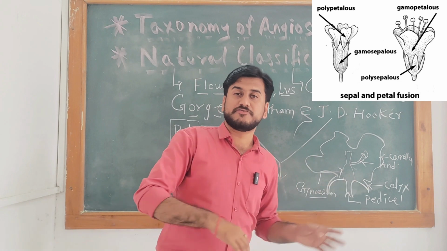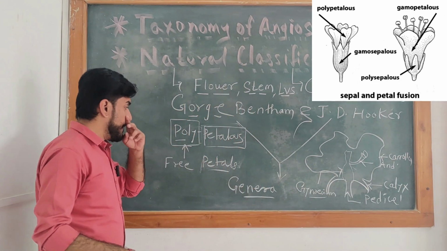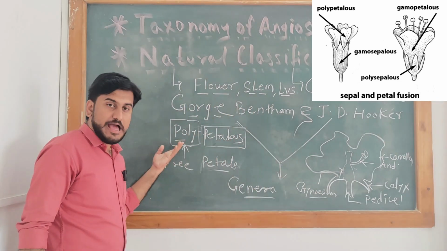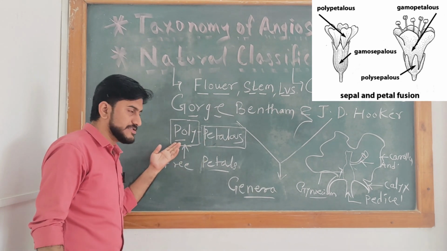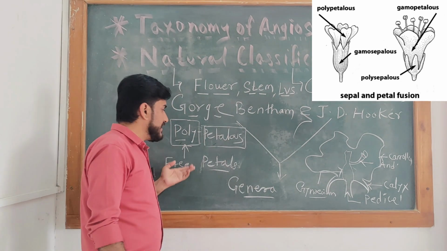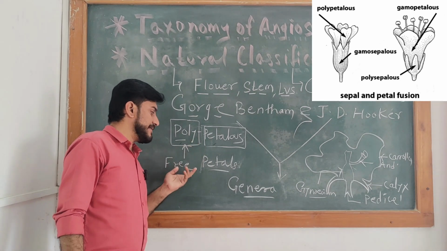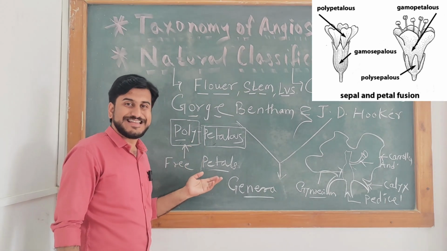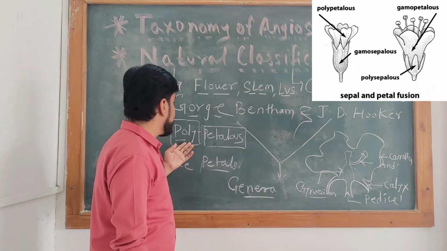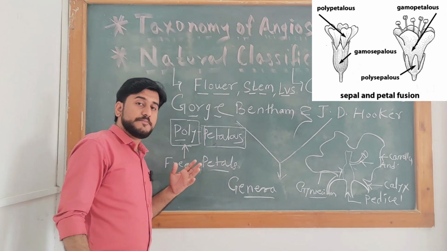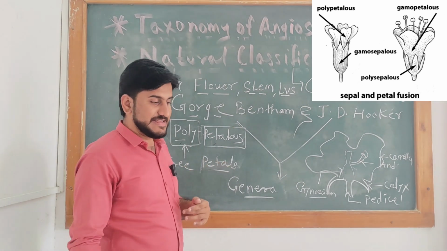Total opposite, vice versa, is the condition in gamosepalous or gamopetalous. Whenever we use these words, poly means free and gamo means fused. Polysepalous means free sepals are present inside the flower, and gamopetalous means fused petals are present inside the flower.